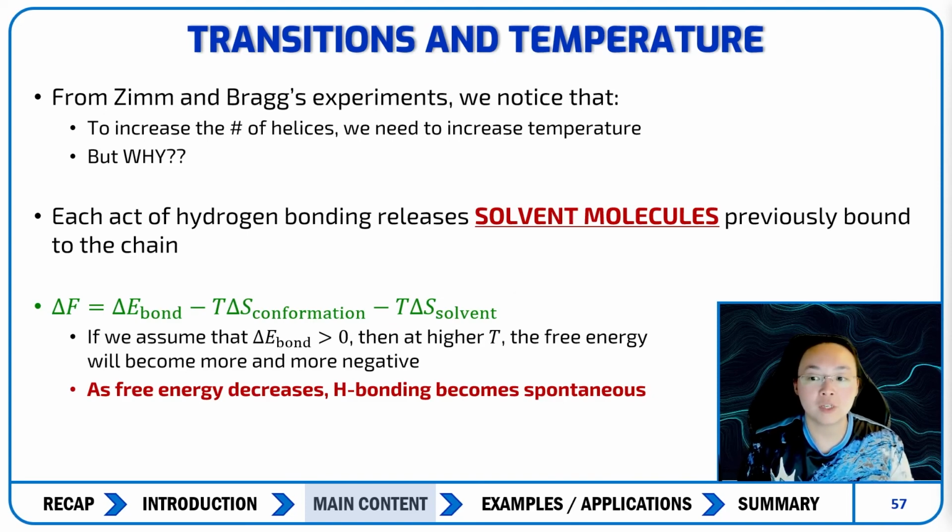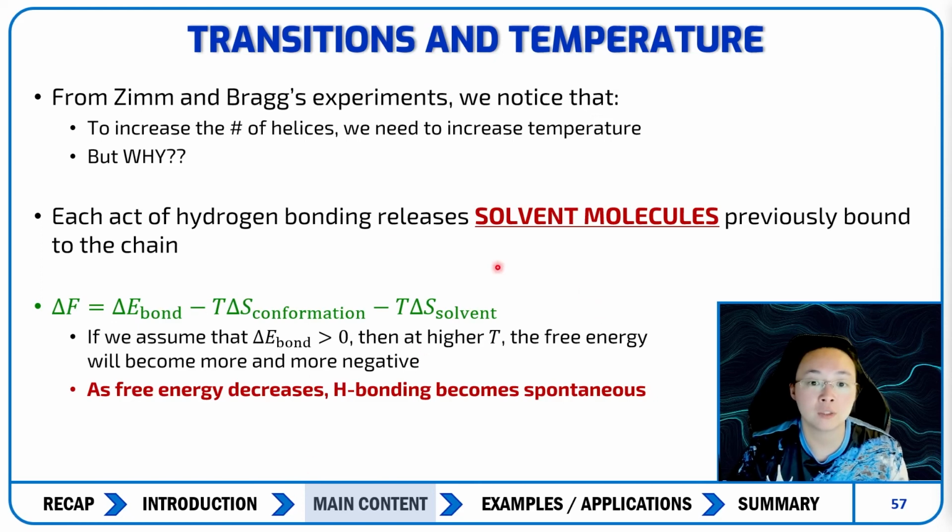If we assume that the change in bond energy is greater than 0, then at a higher temperature, the free energy is going to become more and more negative. As the free energy decreases, the hydrogen bonding becomes more and more spontaneous. That's just based off of our analysis from before.